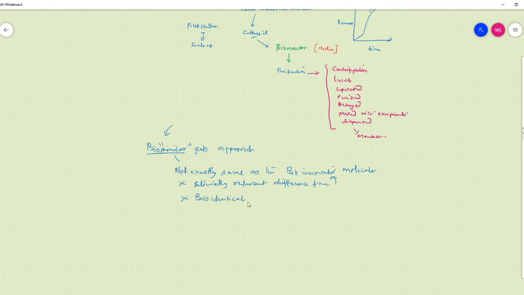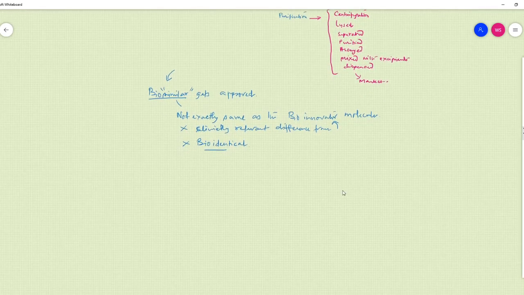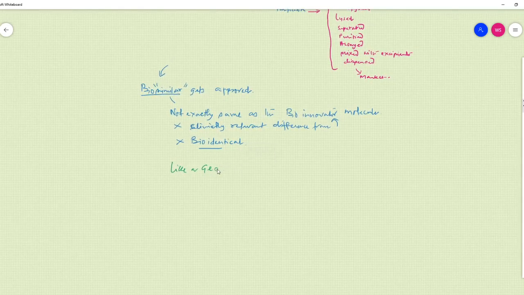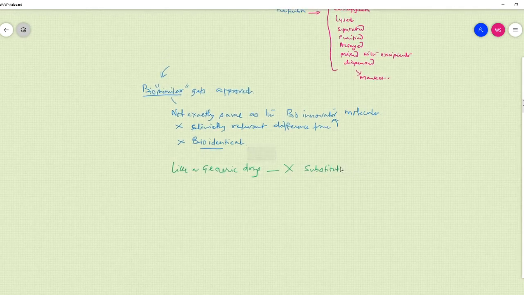Which means, like a generic drug, it cannot be substituted at the level of the pharmacy without the concurrence of the prescriber.